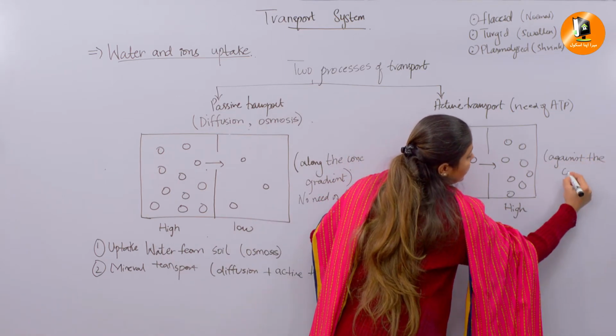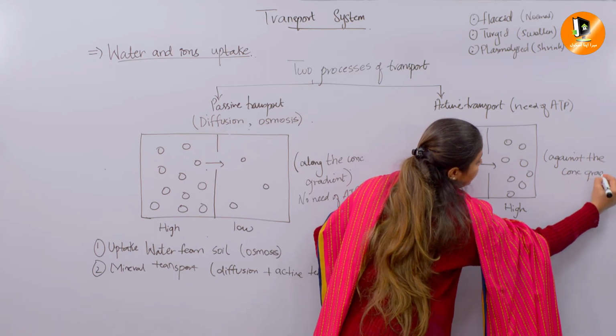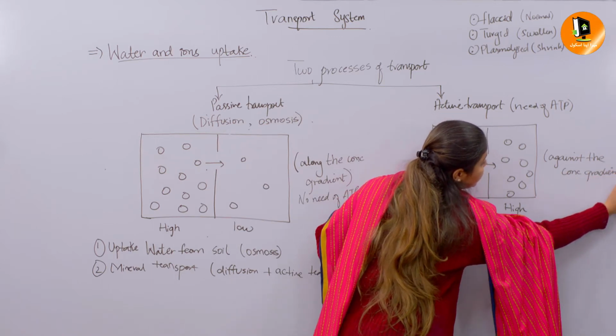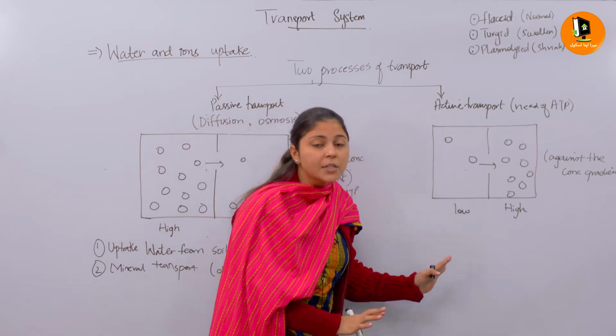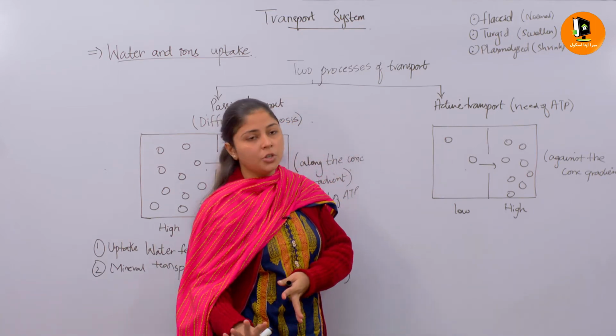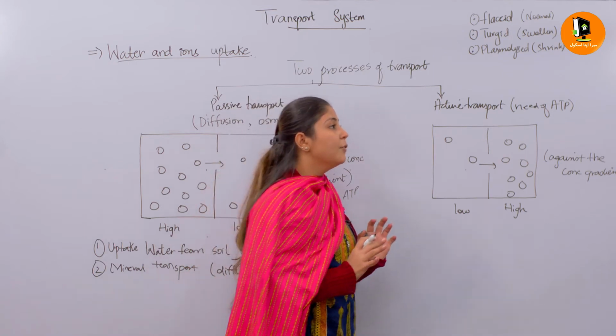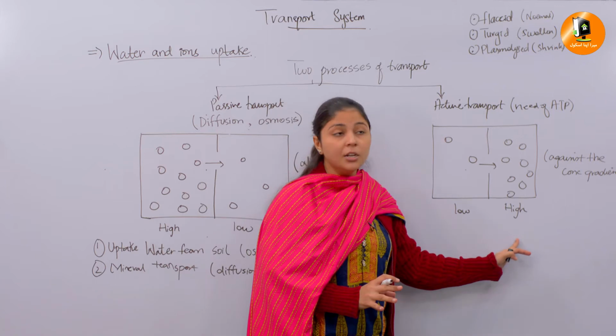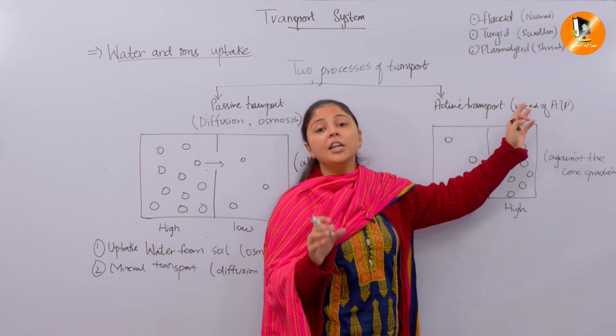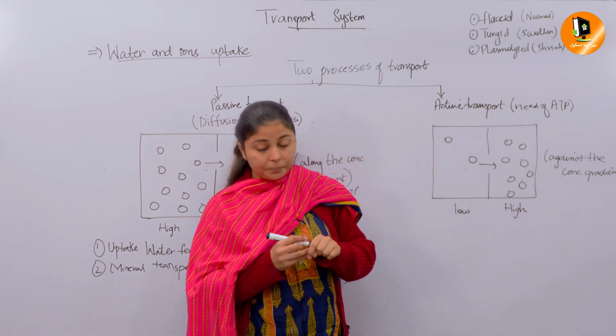When the molecules are moving from the lower concentration to the higher concentration, because we are applying some force against the concentration gradient, you need the ATP, you need the energy, okay.